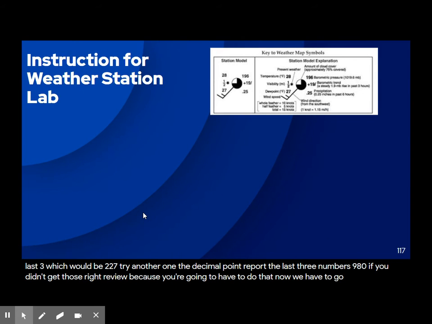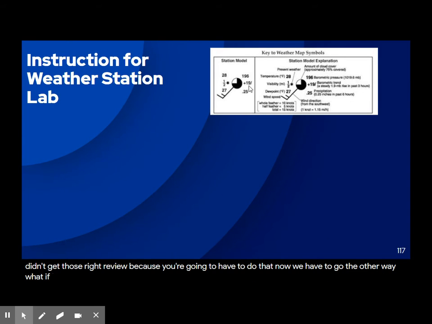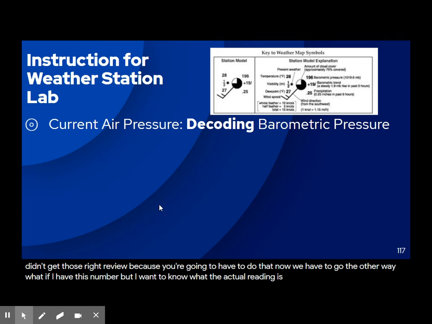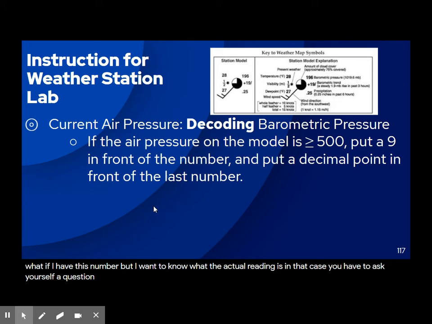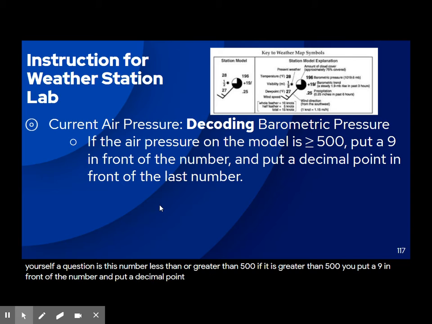Now we have to go the other way. What if I have this number, but I want to know what the actual reading is? In that case, you have to ask yourself a question. Is this number less than or greater than 500? If it is greater than 500, you put a 9 in front of the number and put a decimal point in front of the last number.